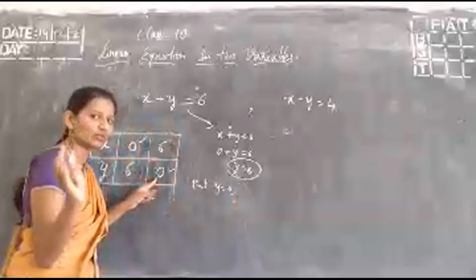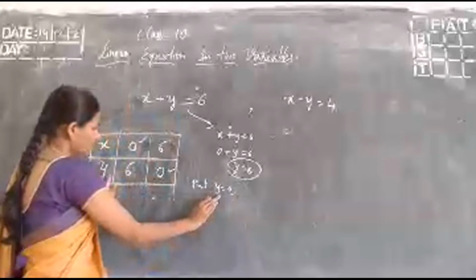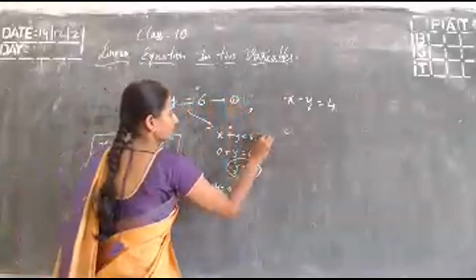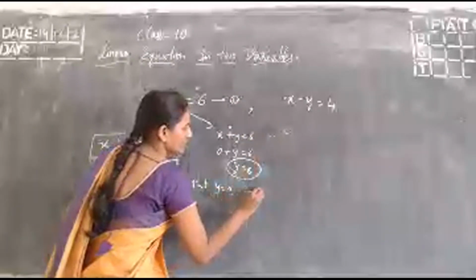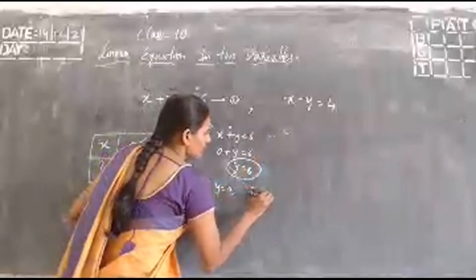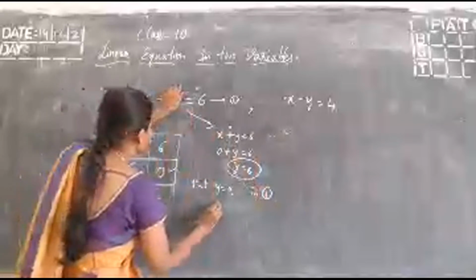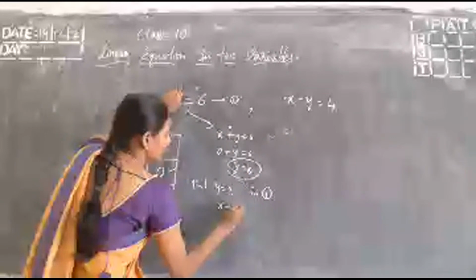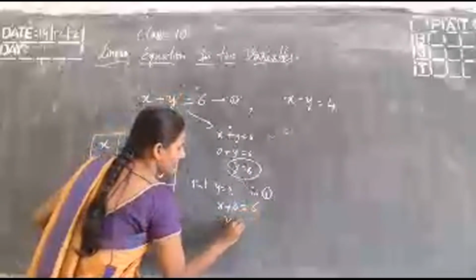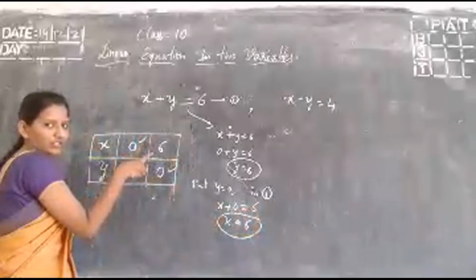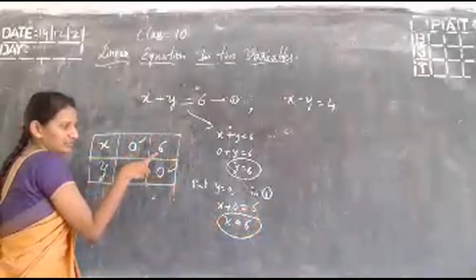Whatever values you want, you can take. Take this equation as 1. Put y is equal to 0 in equation 1. What happens to the x value? X plus 0 is equal to 6. X is equal to 6, which I wrote here. Understood?